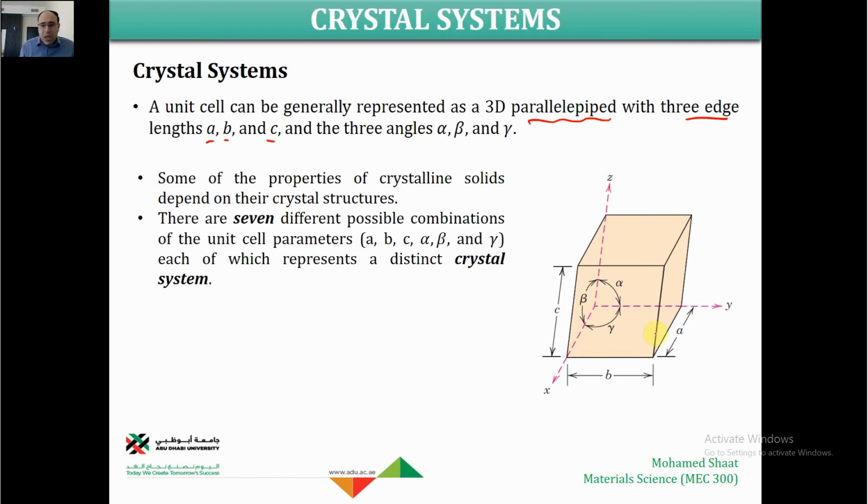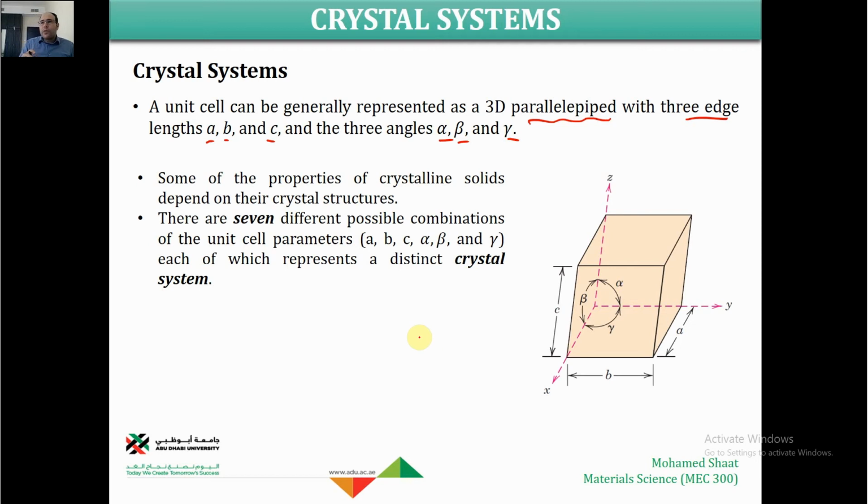They represent a coordinate system, but a special coordinate system for this unit cell. The angle between x and y is gamma, the angle between y and z axes is alpha, and the angle between x and z is beta. So this geometry is represented by 3 edge lengths a, b, and c, and by 3 angles, alpha, beta, and gamma.